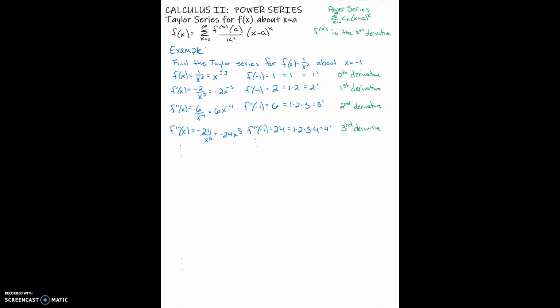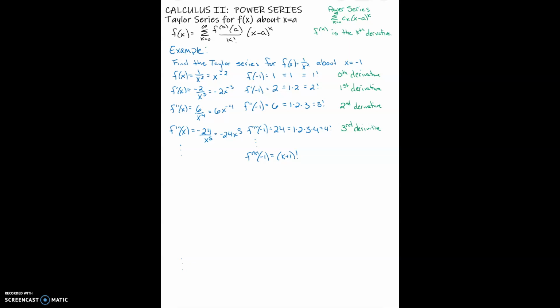But what I want you to notice is the connection between the number we're taking the factorial of and which derivative we're looking at. So you'll notice if I have whatever the derivative is, I add 1 to that, and that tells me what I'm going to take the factorial of. So I think that's going to allow us to come up with our pattern. For the kth derivative, evaluated at -1, looks like we're simply going to take whatever that k value is, add 1 to it, and then evaluate the factorial on that.